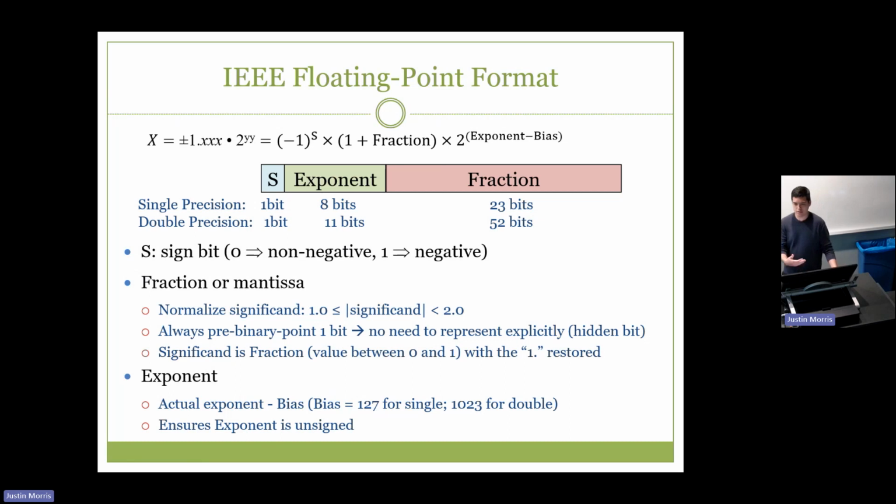So if I subtract 127, about half of those values will be negative, half of them will be positive. And for double precision, it's 1023, and again, because we have 11 bits. So if you ever forget what the bias is, you can just look at how many bits there are. What is the closest power of 2 minus 1? That will give me half of that representation.